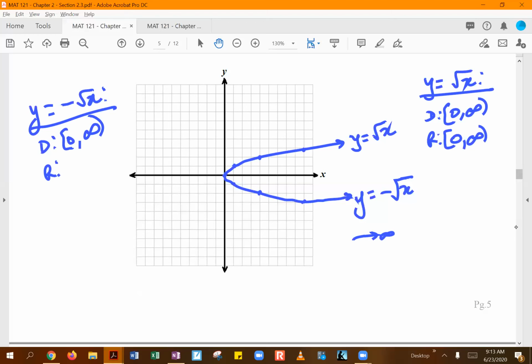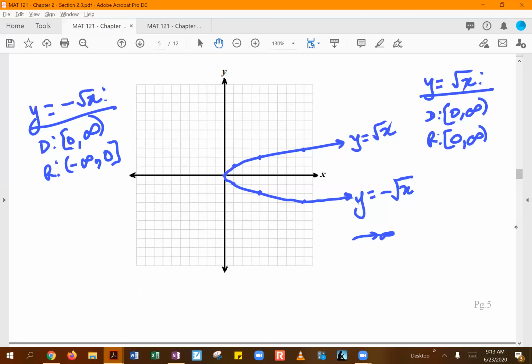Okay, so how would you write it, Julian? 0, negative infinity. Okay, so as I was telling you before, we always want to put the smaller number first. So in this case, since negative infinity would be smaller than 0, you're actually going to write this as negative infinity to 0, and then of course you're including 0. So you do have to actually switch your sides.